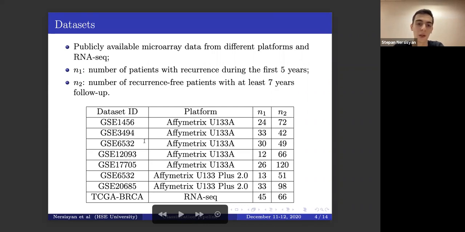So here you can see geo-accession IDs and number of patients in each of classes. So first class is composed of patients with recurrence during the first 5 years after surgery, and the second one is composed of patients without recurrence with at least 7 years follow-up.